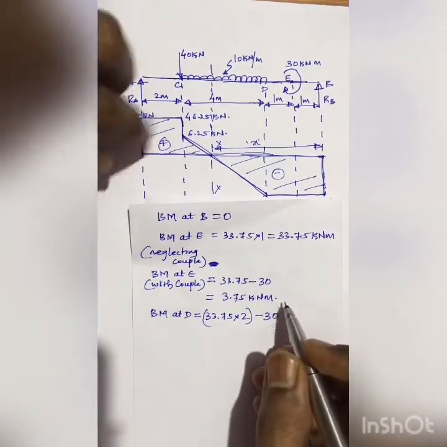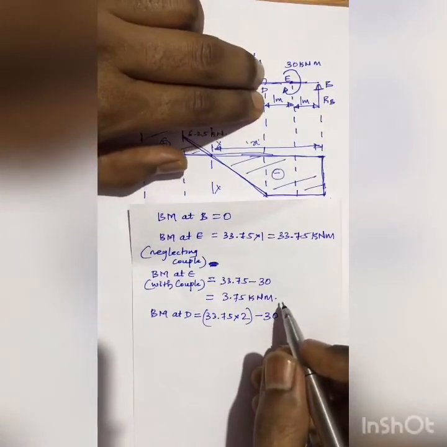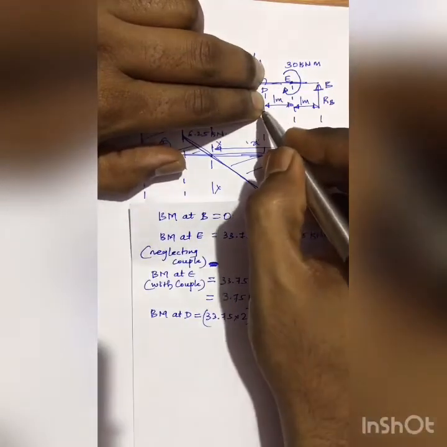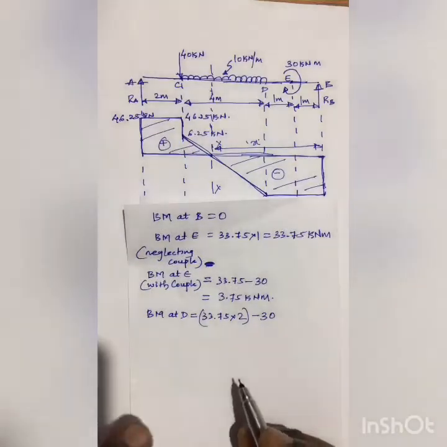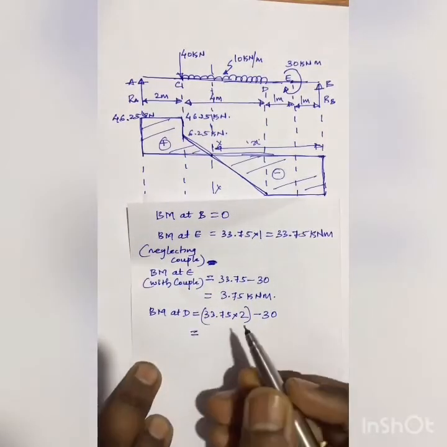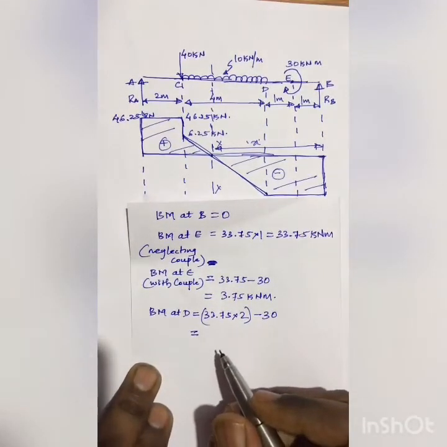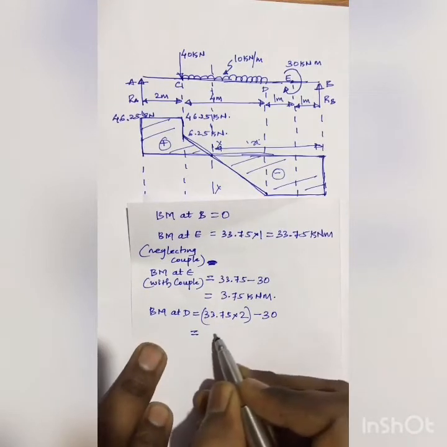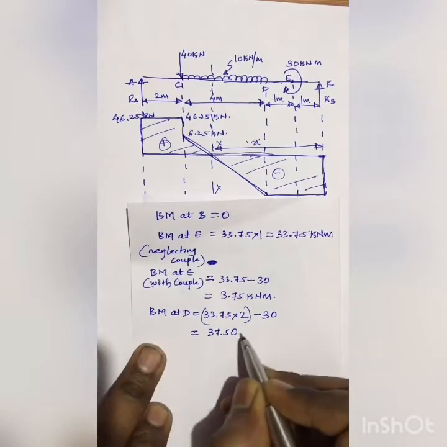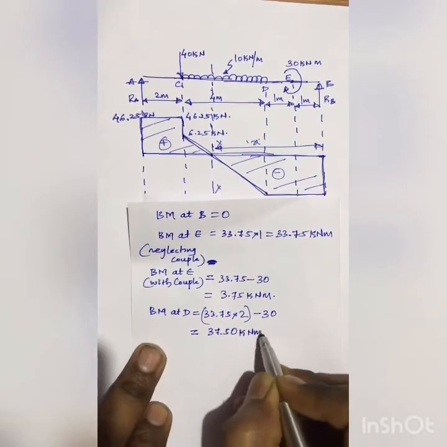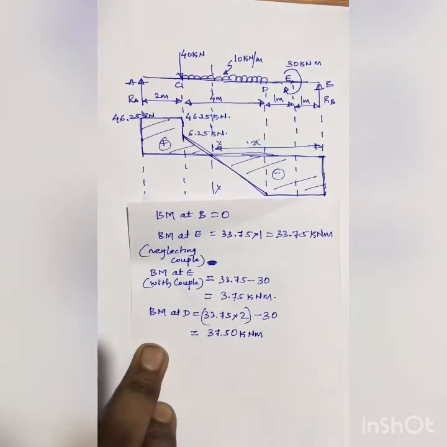That is, basically I'm calculating moment at this point by considering all the moments towards the right side of this D. So what I get, bending moment at D is equal to 37.50 kilonewton meter.